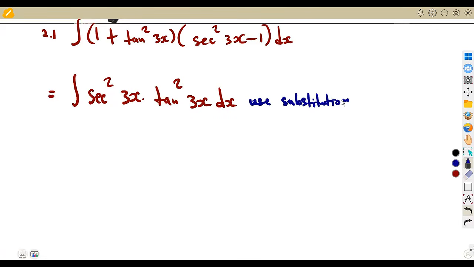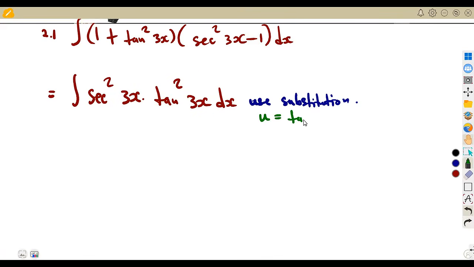Let us think of the substitution from our N5. If we let u be equal to tan, remember the derivative of tan is sec squared, so it can cancel with this one. If you choose your u to be sec, it is going to be sec tan, which can't cancel this because this is tan squared. So you choose u so that it can cancel what you have here.